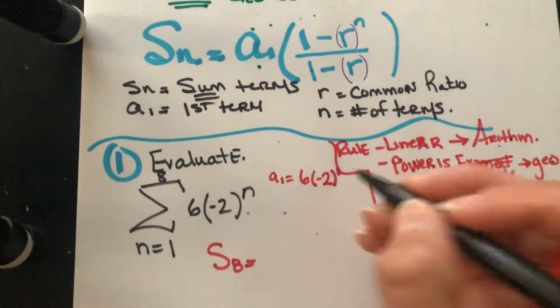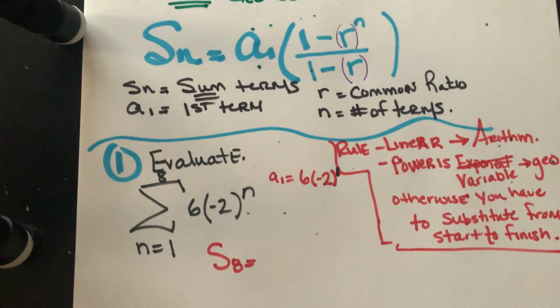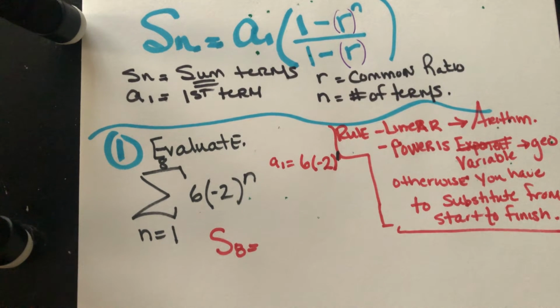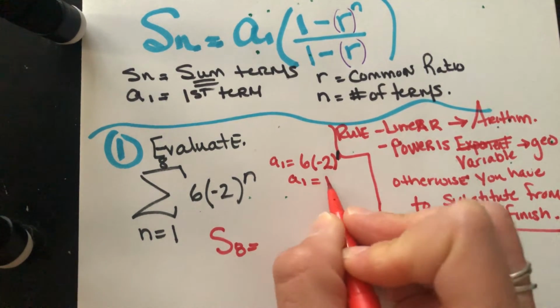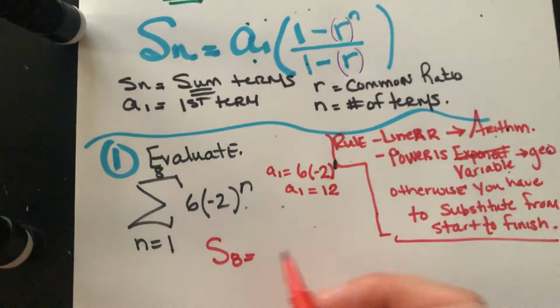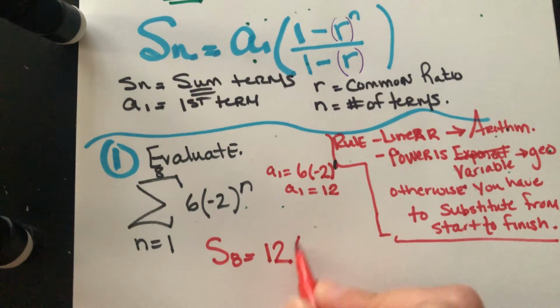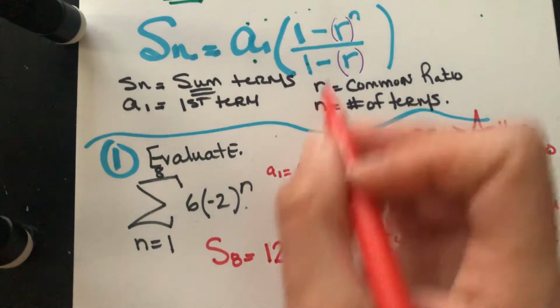Negative 2 to the first is negative 2, times 6 is negative 12. So your first term is negative 12. So A1, negative 12.